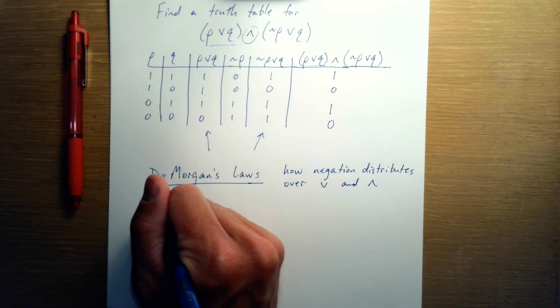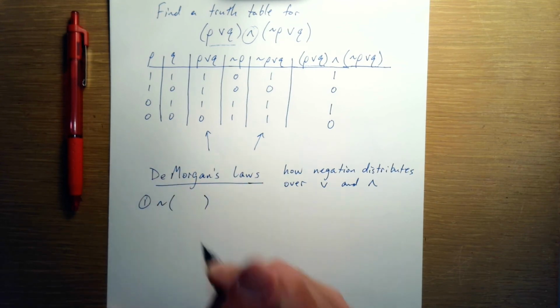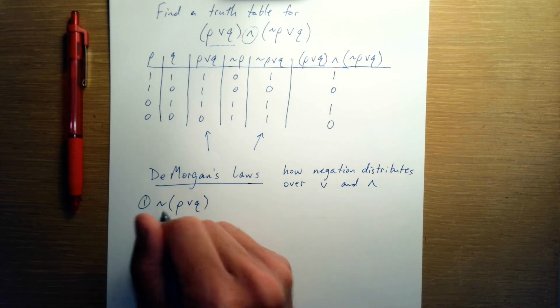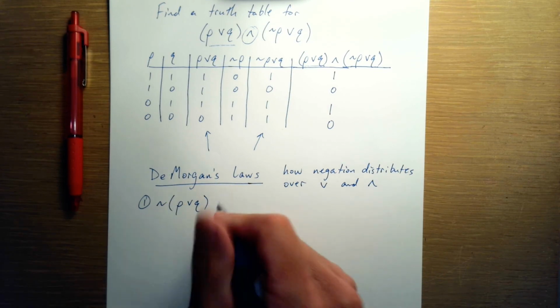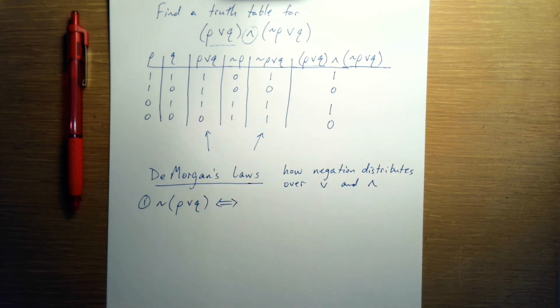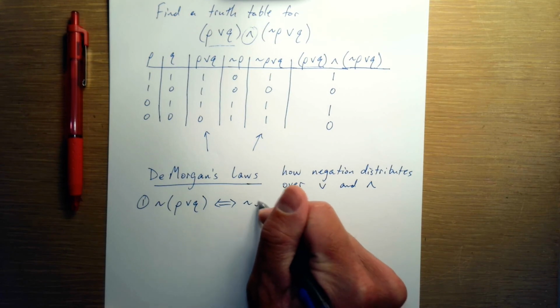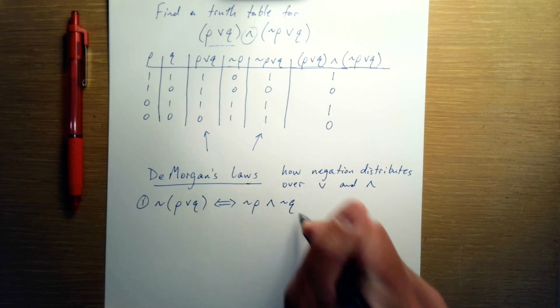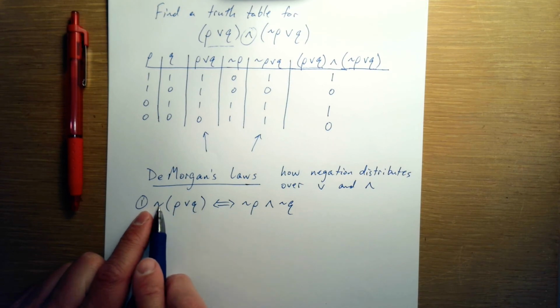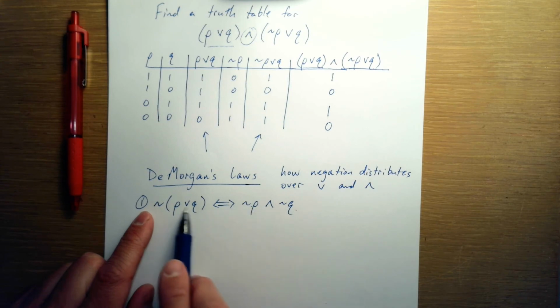So what we're going to do is take the negation of P or Q, the negation of the statement P or Q. And De Morgan's law says that this statement, the negation of P or Q, is equivalent to, which is denoted by this double two-sided arrow, not P and not Q. So what De Morgan's law says here is that in order to distribute the negation over P or Q, each of the statements P and Q gets negated, and we flip the sign.